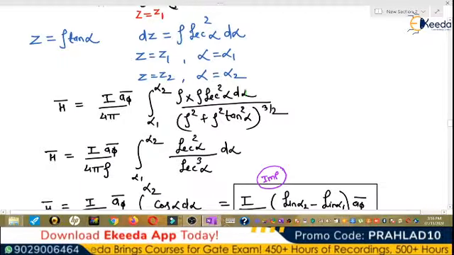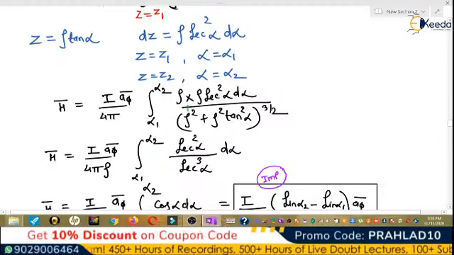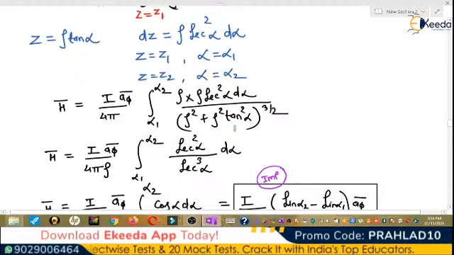So H is equal to I by 4 pi aφ, integral from alpha 1 to alpha 2, rho into rho sec squared alpha d alpha upon (rho squared plus rho squared tan squared alpha) to the power of 3 by 2. So it is I by 4 pi rho, sec squared alpha upon (1 plus tan squared alpha), it is sec squared alpha, and (sec squared alpha) to the power of 3 by 2 is sec cubed alpha.